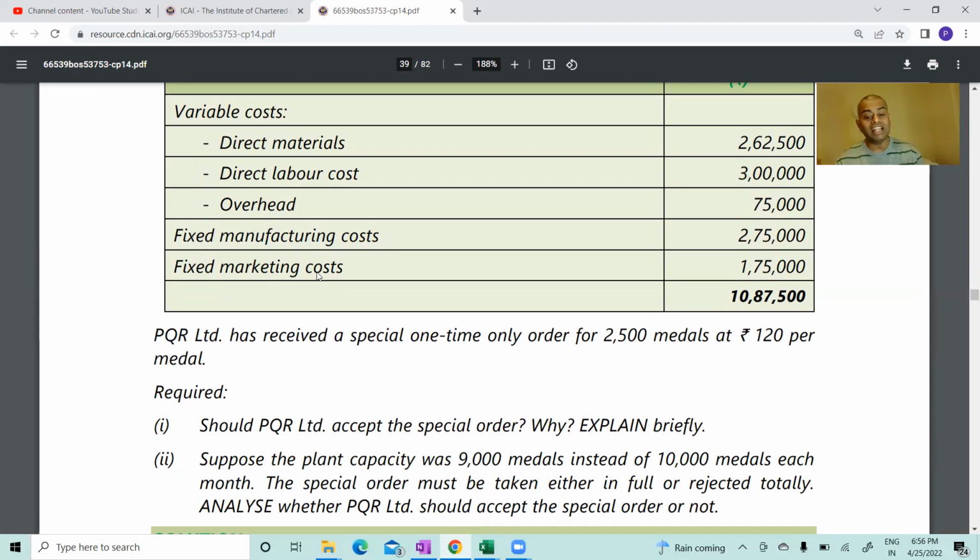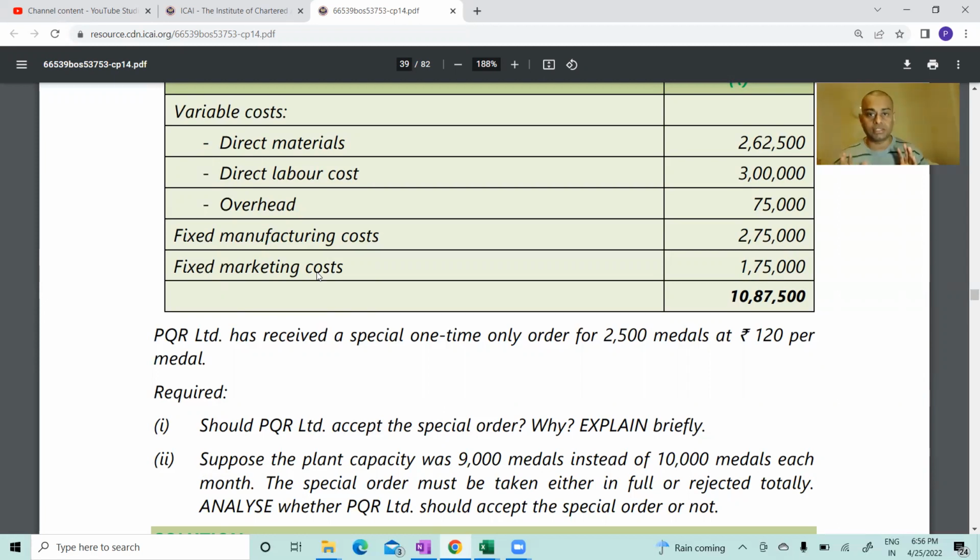Two. Suppose the plant capacity is 9,000 medals. What is the plant capacity? 9,000 medals, but not 10,000. Instead of 10,000, it is 9,000 each month. The special order must be taken either in full or to be rejected totally. Means what? If you accept the new order, since your total capacity is 9,000, 2,500 special order you accepted, your regular sales can only be 6,500.